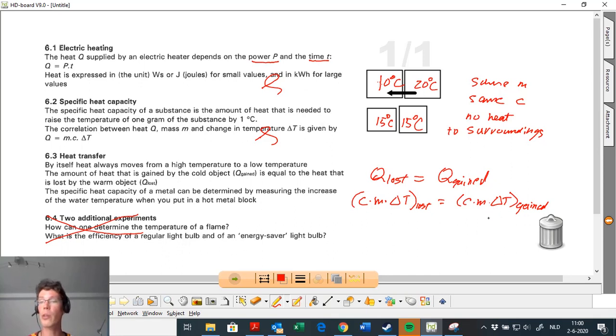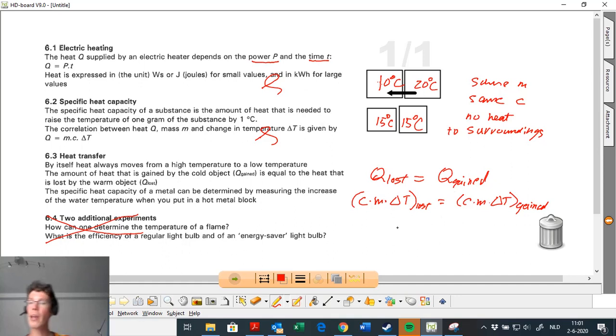These are not necessarily the same numbers. So by using labels, I can keep track of them and not confuse them. And so, for example, if I know all numbers but the specific heat capacity of the cold object, then I can calculate it from this equation.